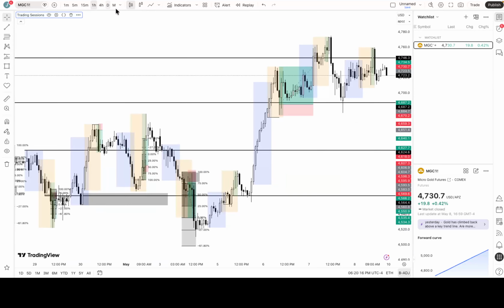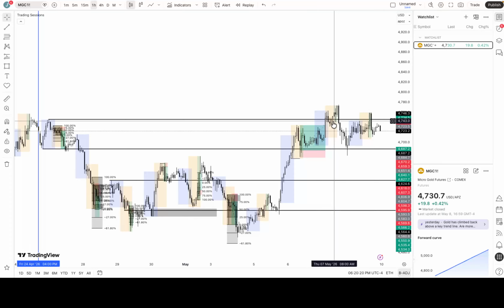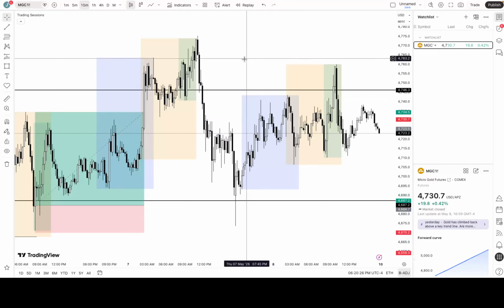So next day, price pushes all the way up, rallies up, breaks through, comes down, continues up. Slow push up though, so I don't know.